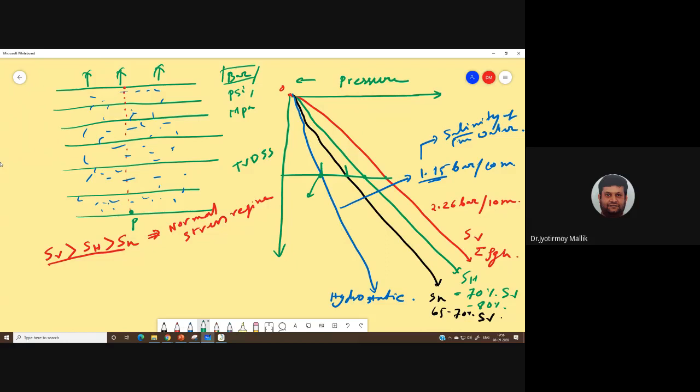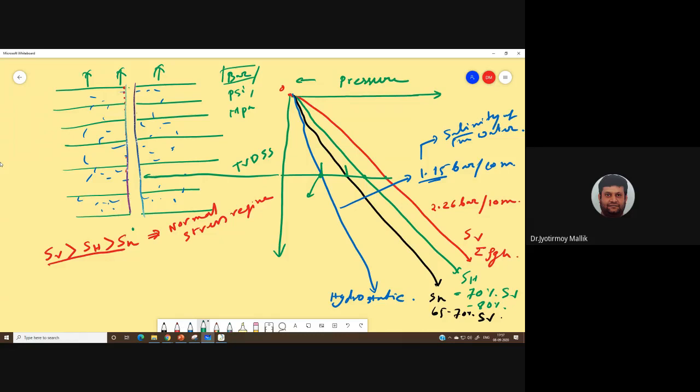Now, suppose I have drilled through this particular formation. And this is the depth we are looking at, and I am drilling it.